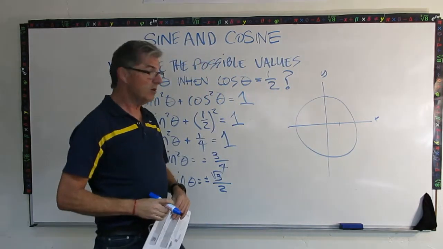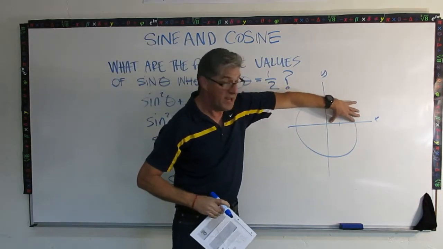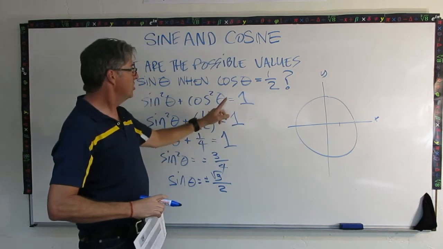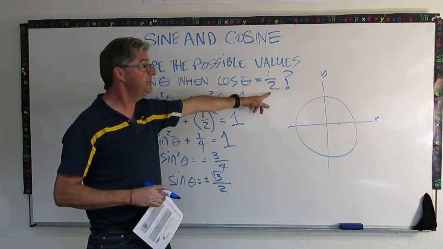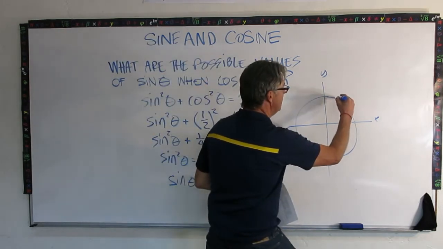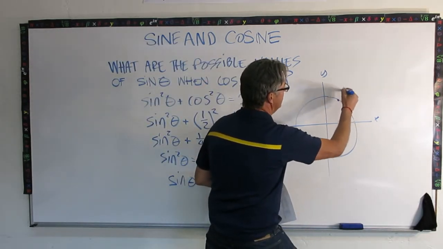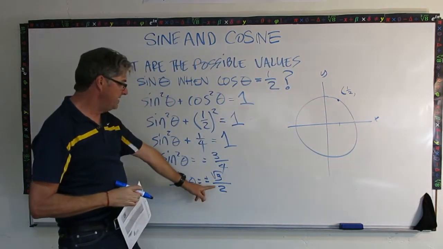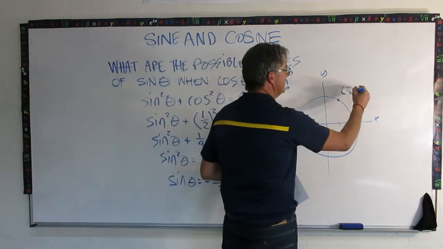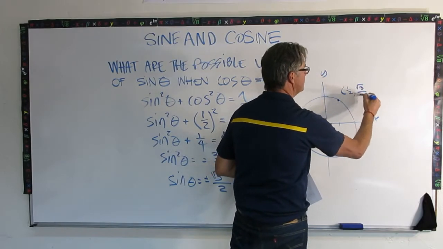So this is a unit circle, so we know this distance is 1, right? So cosine theta is 1/2. Remember, cosine is your x value, so cosine theta is right there. So that is 1/2. And then the y-coordinate will be the positive root 3 over 2. So this is root 3 over 2.